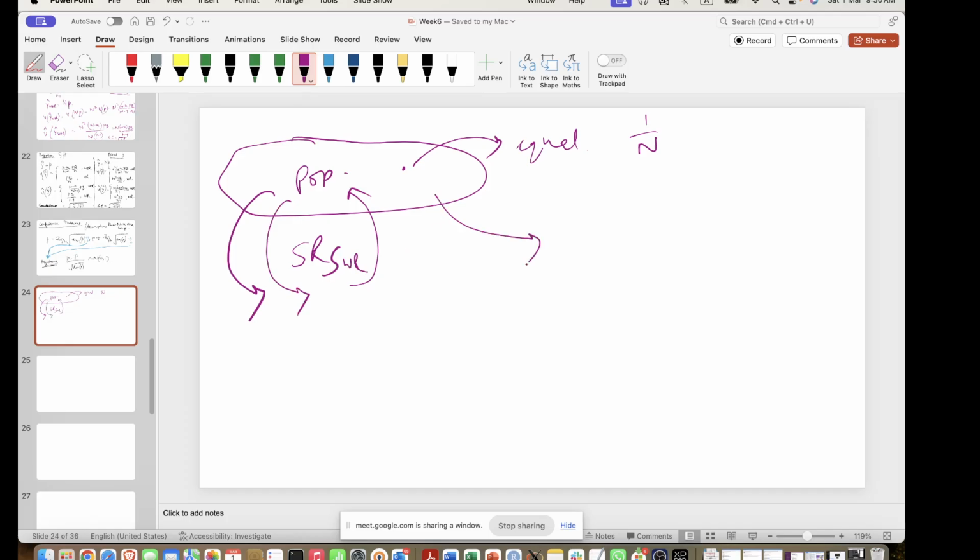In SRS WOR, we were selecting and then keeping, so at each iteration the probability of selection of an item would change: 1 by n at first, then 1 by n minus 1 and so on. Anyway, we were sampling randomly from a pool.